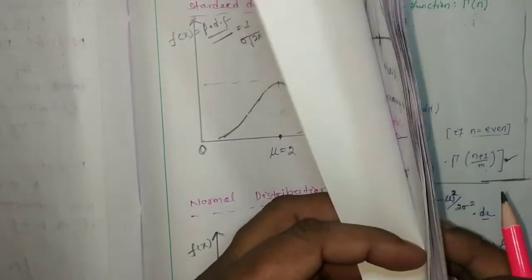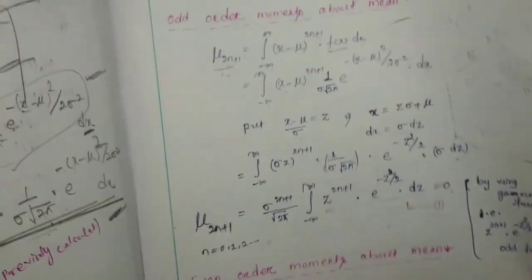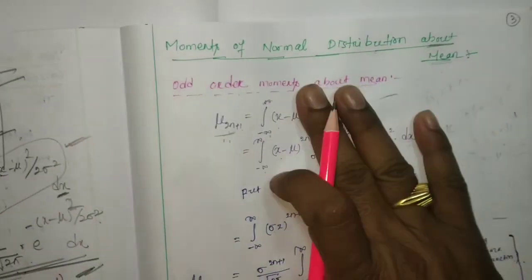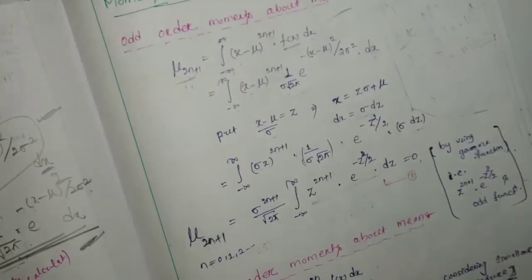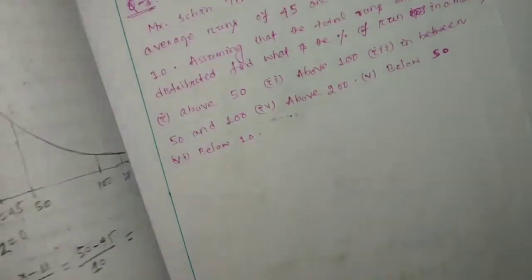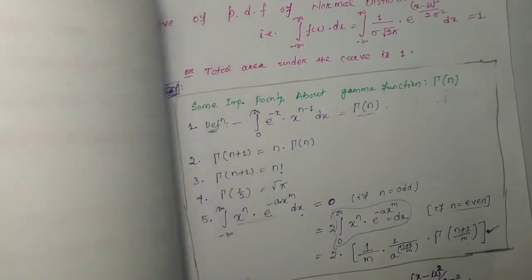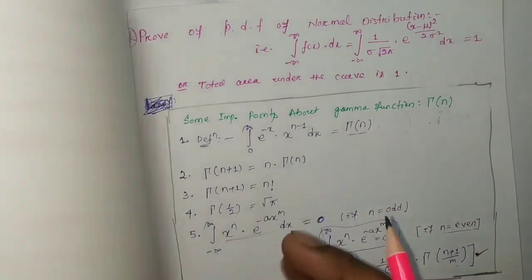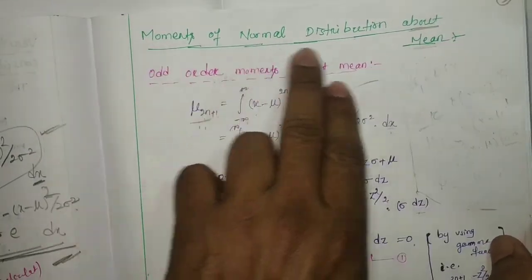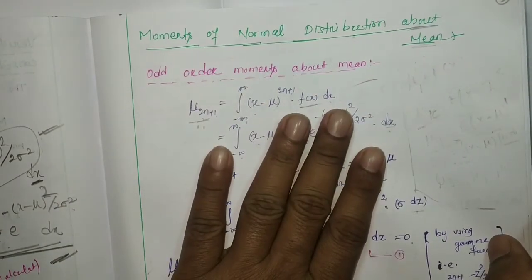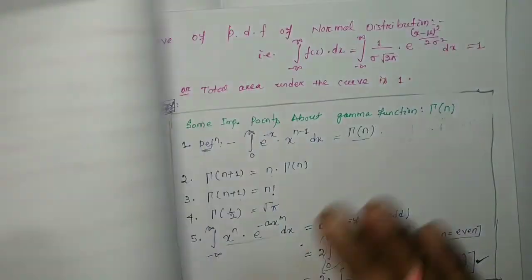Up to this much you have already written the note, right? So no problem. After this you can write this content, that is the proof of the PDF. Okay, you just write down this one. After this, no problem, moments of normal distribution about the mean, up to this much you have been written already. After this you can write this one.